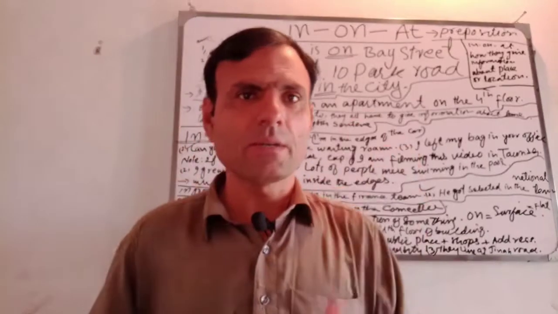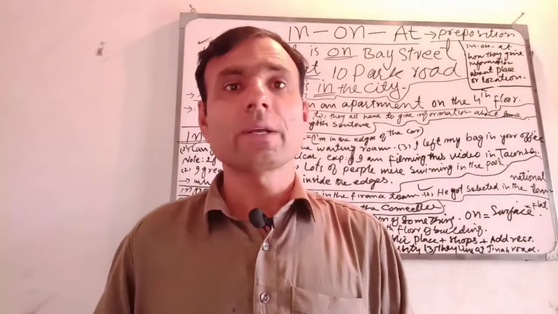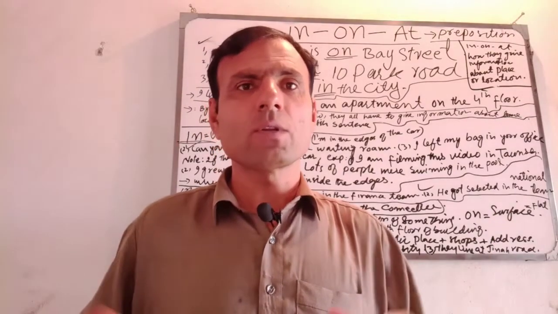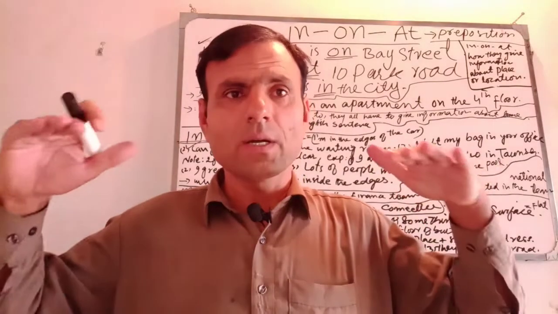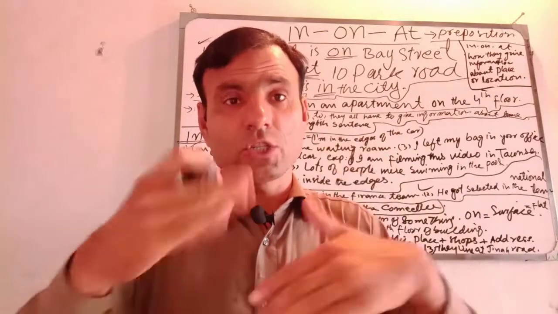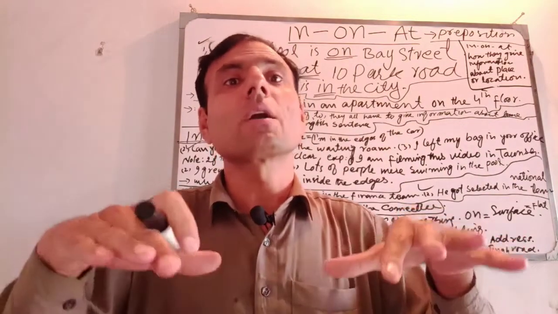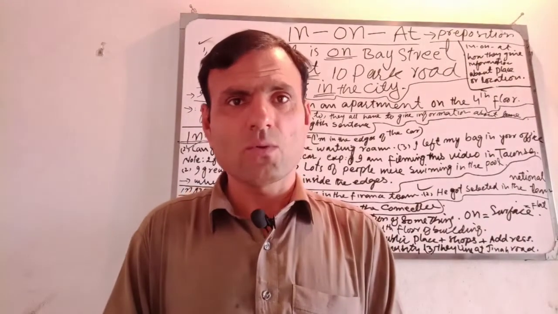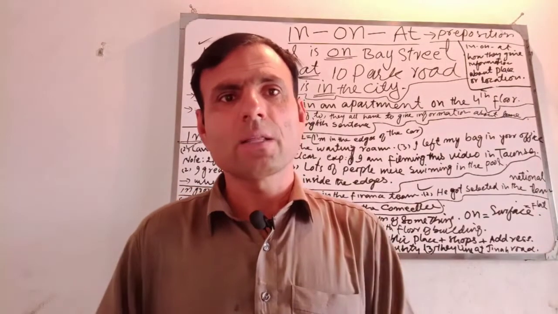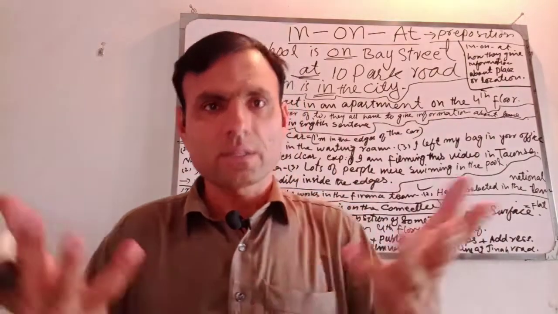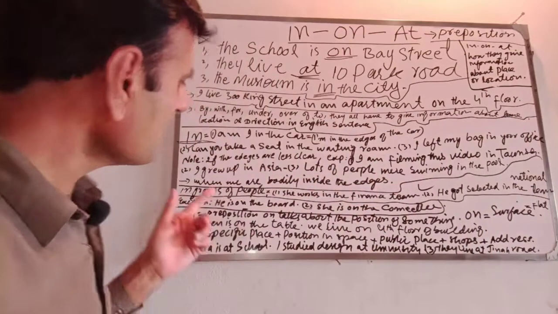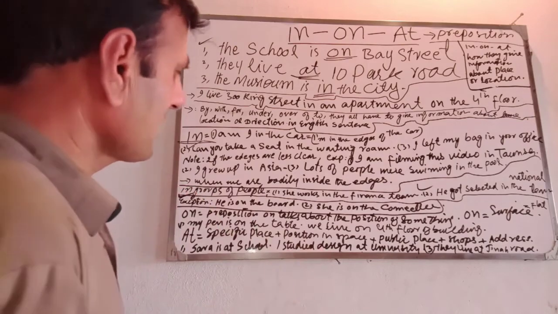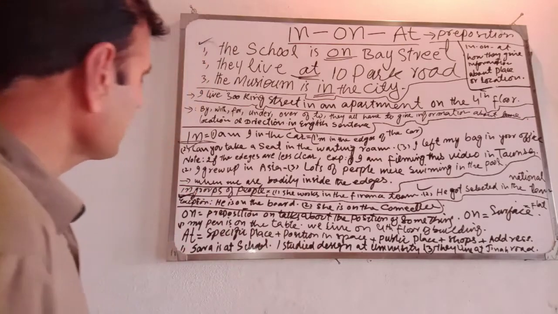If someone is working on a committee set up for something, or is involved with the issues, he is on board. Like we say, they took everyone on board. Everyone is on the board means everyone is on the same page. This is an exception. As I said, there are exceptions in the English language.